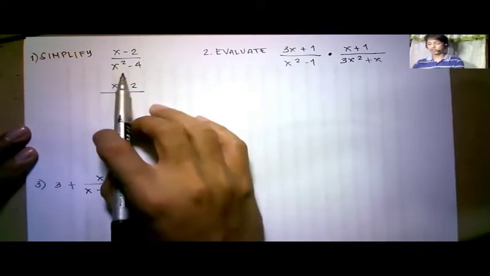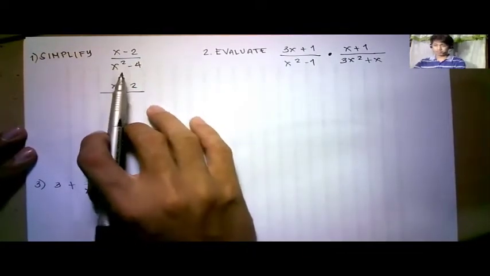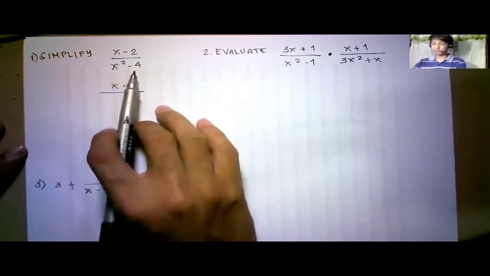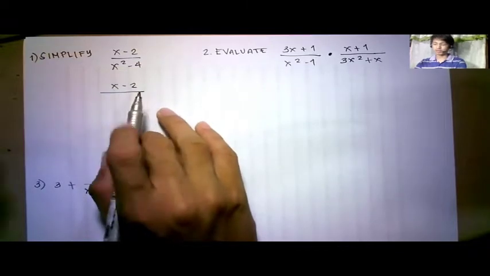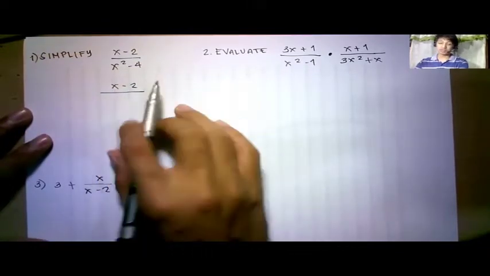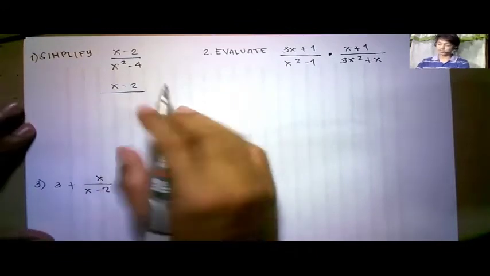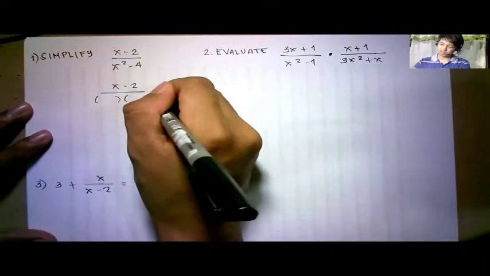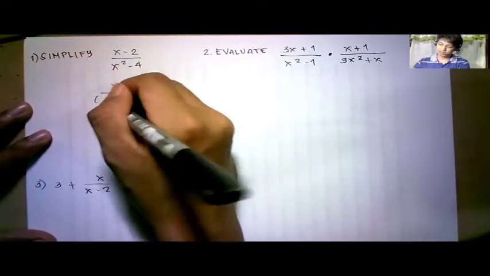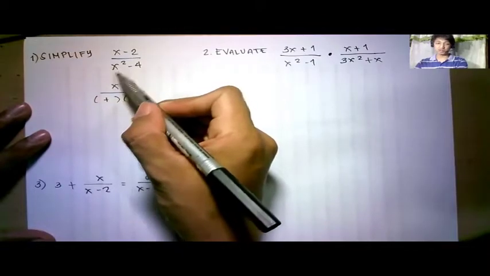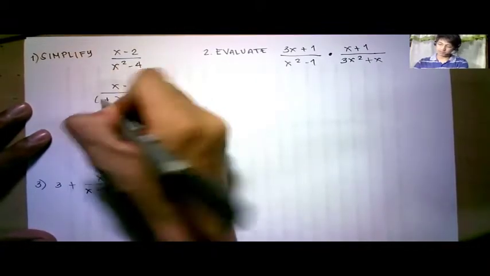As you can notice, the denominator, we can simplify it further. Since x squared minus 4 is a special product, we can factor it using the sum and difference of two squares. We write down two parentheses, plus and then minus, and then get the square root of x squared, which is x.